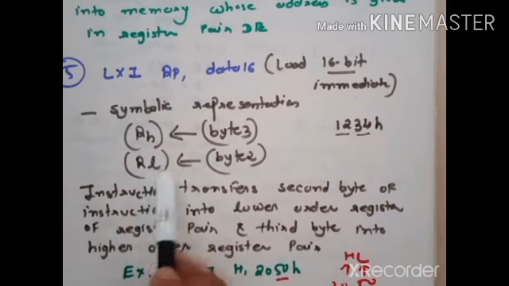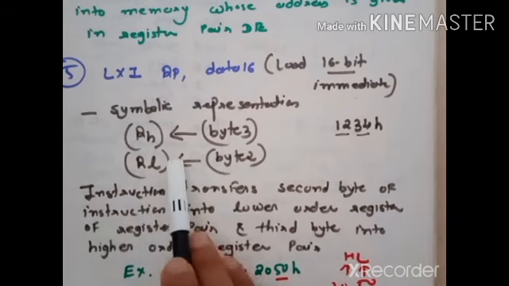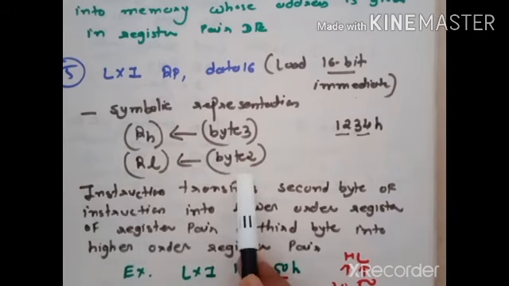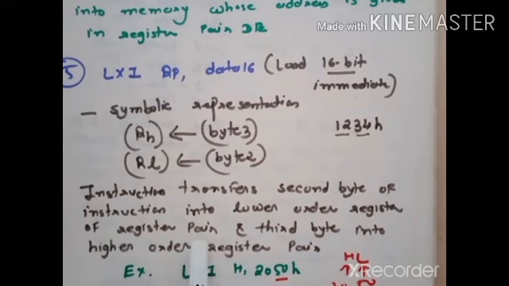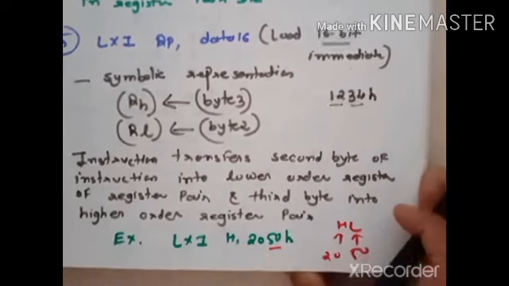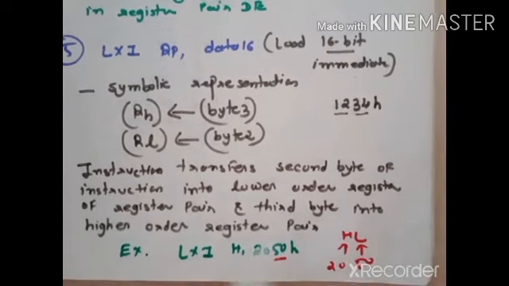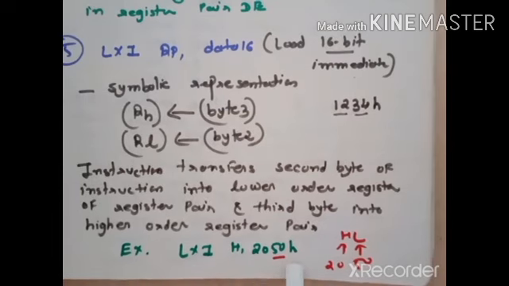Then in RL, the lower register, transfer byte 2. So in this instruction, the second byte of the instruction is transferred into the lower order register of the register pair and the third byte into the higher order register. Example of this instruction is LXI H, 2050.